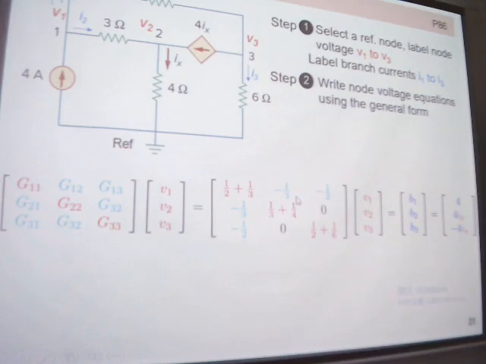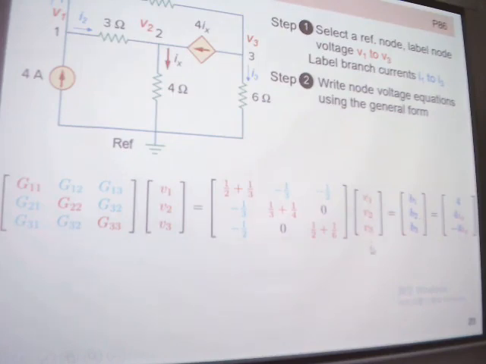So G12 and G21 are the same. Clear? And for 2 and 3, where is it? No, there is no conductance, right? And for 3 and 1, we can see here, the mutual conductance is minus 1 over 2, right? So G13 and G31 are minus 1 over 2.